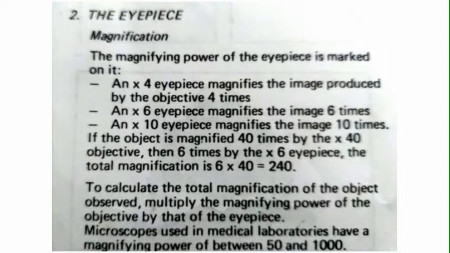If the object is magnified 40 times by the 40x objective, then 6 times by the 6x eyepieces, the total magnification is 6 into 40 equals 240 times. To calculate the total magnification, multiply the magnifying power of the objective observed by that of the eyepieces. Microscopes used in medical laboratories have a magnifying power of between 50 and 1000.